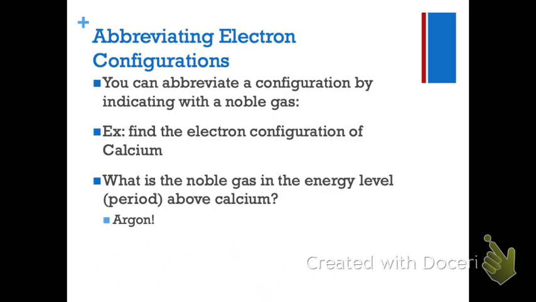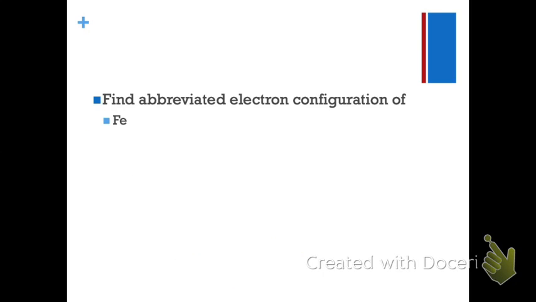So let's look at another example here. Let's do iron, Fe. Iron is located in 3d. So tell me the noble gas that comes before that. Yeah, it's argon again. Why isn't it just 4s2?